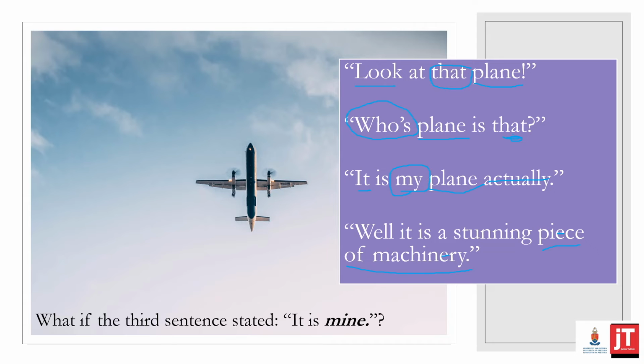Hopefully by now you see that the adjective is before the noun and it is describing the noun. Stunning. You look stunning, doll. Stunning. Descriptive. It's helping to describe this piece of machinery as very, very beautiful. Now, my question to you is, what if the third sentence stated, it is mine?